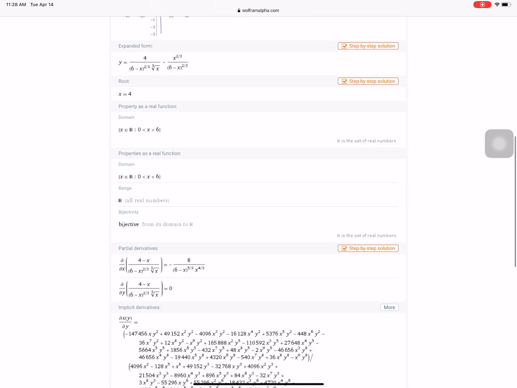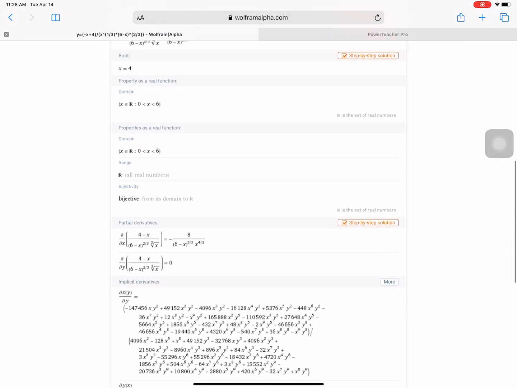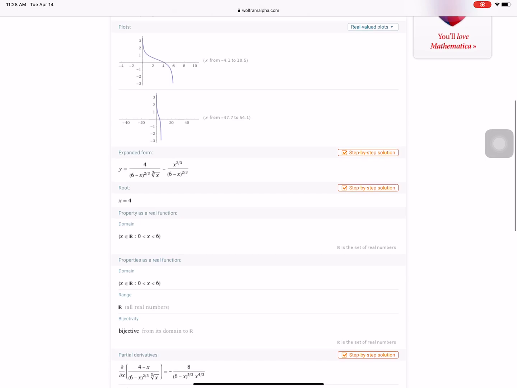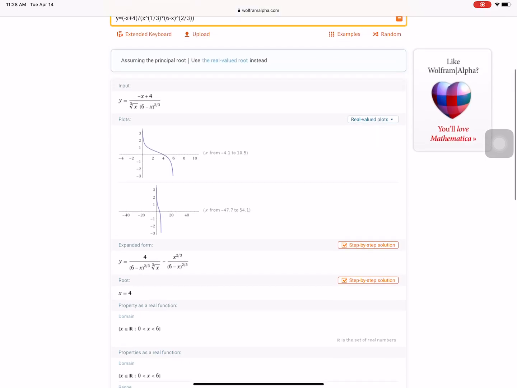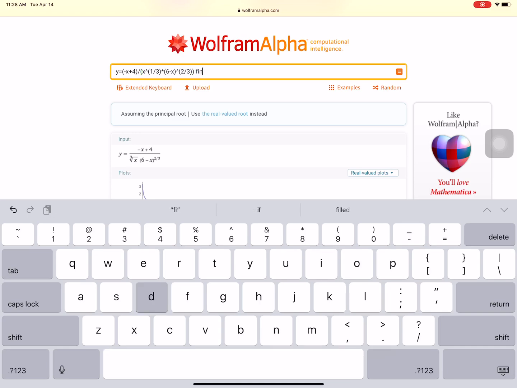What you want to do is look down to where it shows you the second derivative. And if we hit this more button, it might, oh no, not there. Okay, let's actually type in find derivative. Usually works.